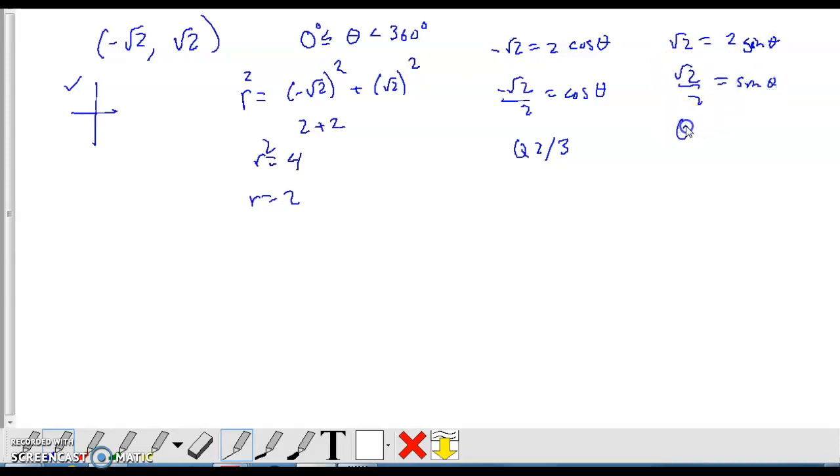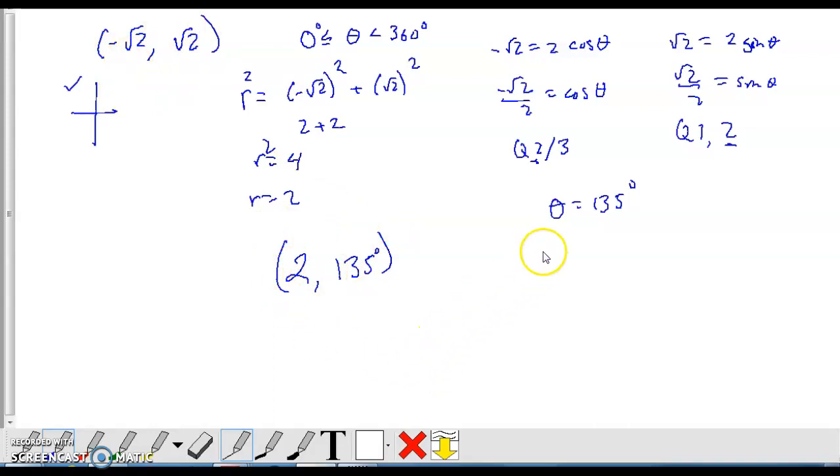This again is either in quadrant 1 or 2. What do they have in common? Quadrant number 2. So in quadrant 2, the easiest one would be that theta is 135 degrees. So I put these two together, (2, 135), and that solidifies that this is in the second quadrant.